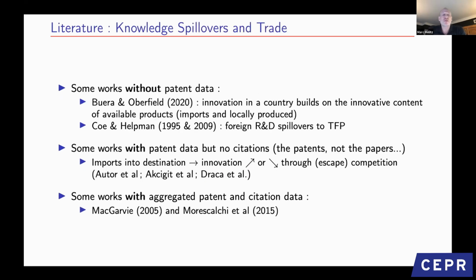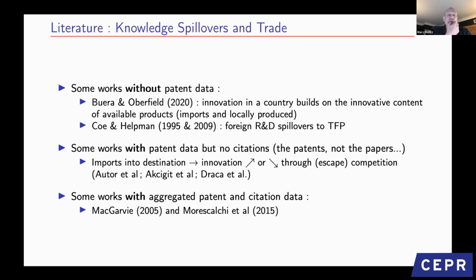There's also, of course, as you all know, an extensive literature on knowledge spillovers and trade. There was this very influential paper by Cohen and Helpman, showing empirically the extent of these R&D spillovers. And then there's been a lot of work that has done this with just stocks of R&D.